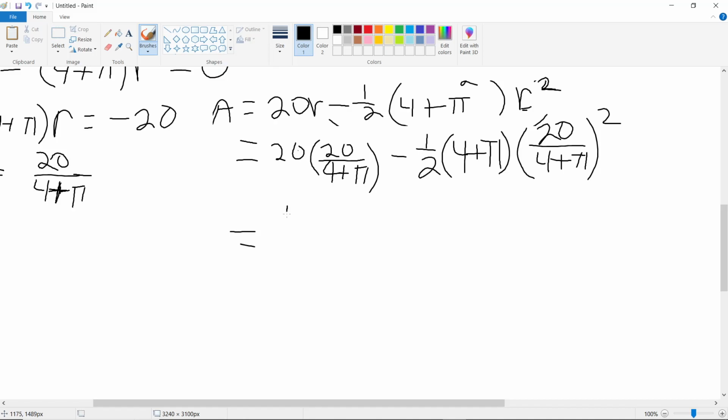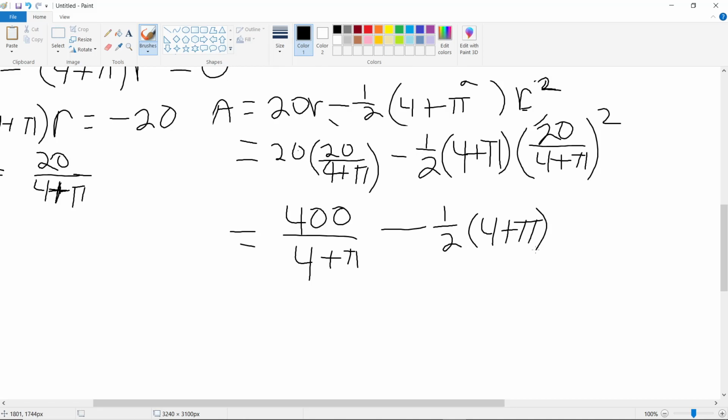Equals 20 times 20 is 400 over 4 plus pi, minus 1/2 times 4 plus pi times 400 over 4 plus pi squared.